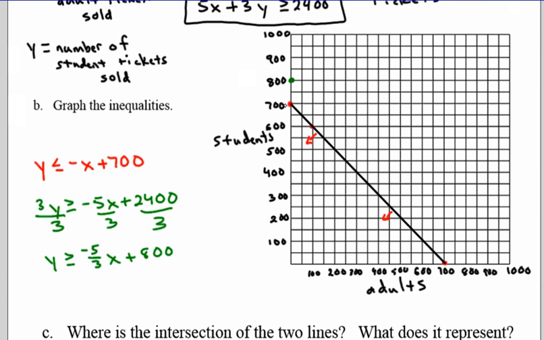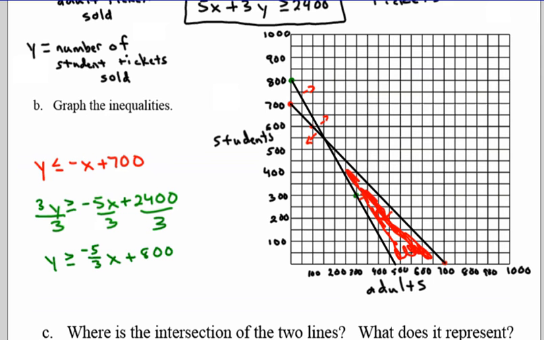So I'll go down 1, 2, 3, 4, 500, and over 1, 2, 300. All right, and then again, I can't go down another 500 and over, so I'm going to draw my line through those 2 points. So I'll go here to there and just extend it on. Okay. Now, it says greater than or equal to, so it's anything above this line, which then tells me this is my feasible region right here.